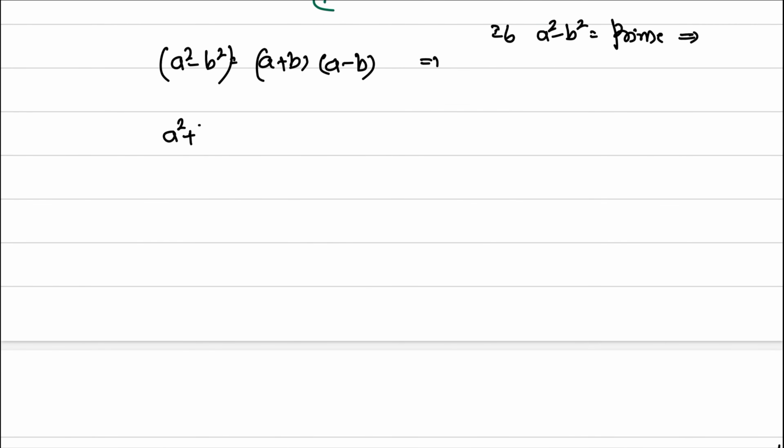A square minus b square is equal to some 1 into a plus b. Sorry, this is minus. Are you able to follow this?